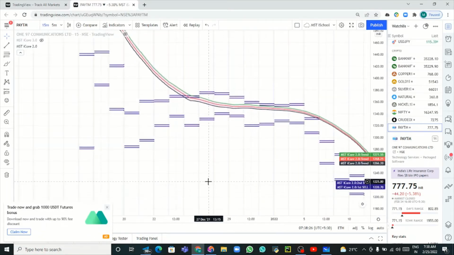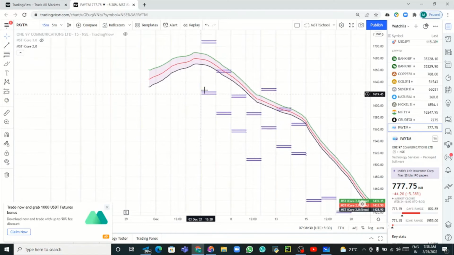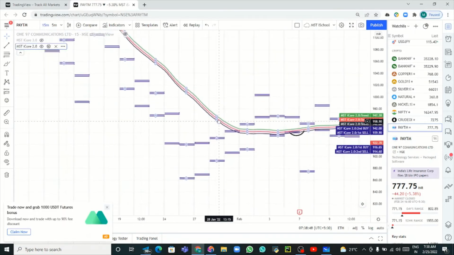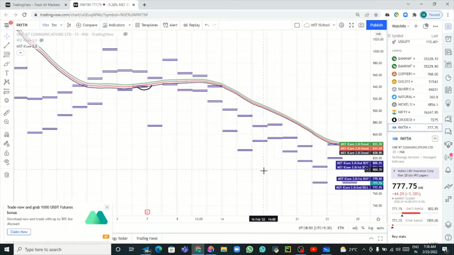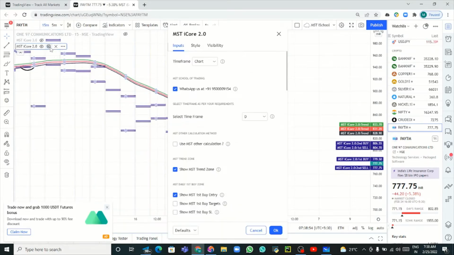Somewhere here it has lost, here at 1656. Okay, at 1656 itself, PAYTM lost its buying strength. There is no buyer after this. So from there we should be on the selling side only. Clear? This is another setting we have.